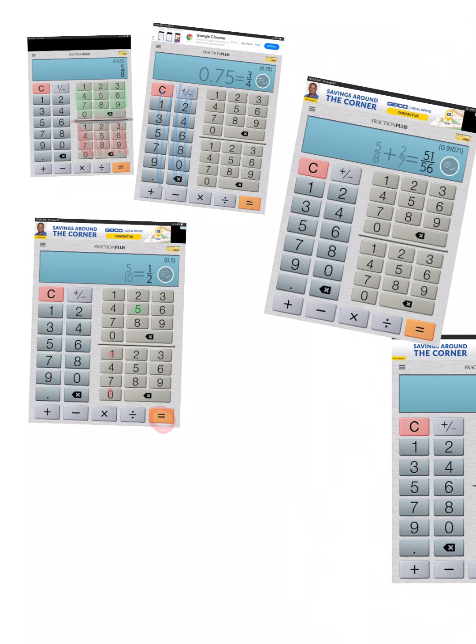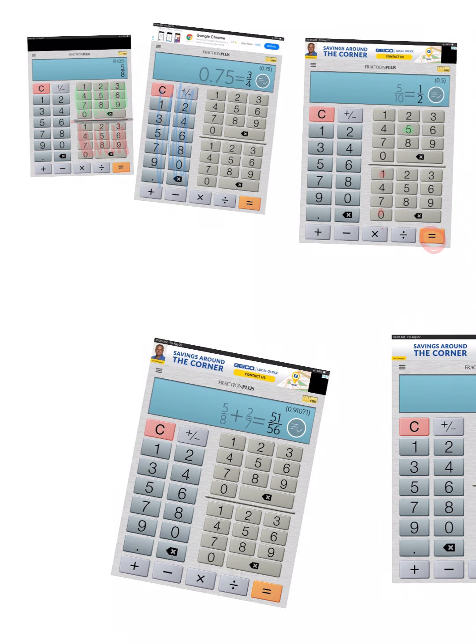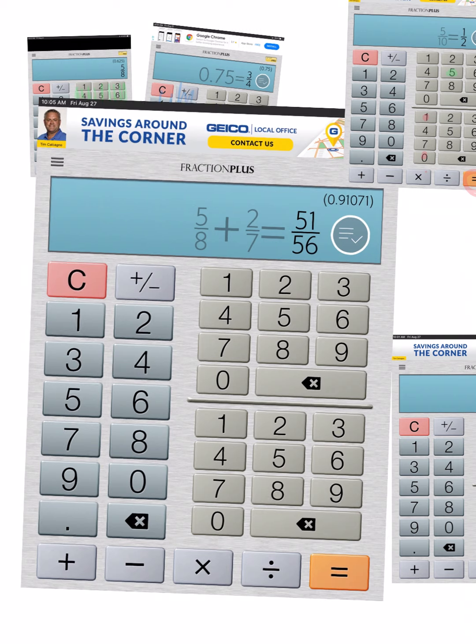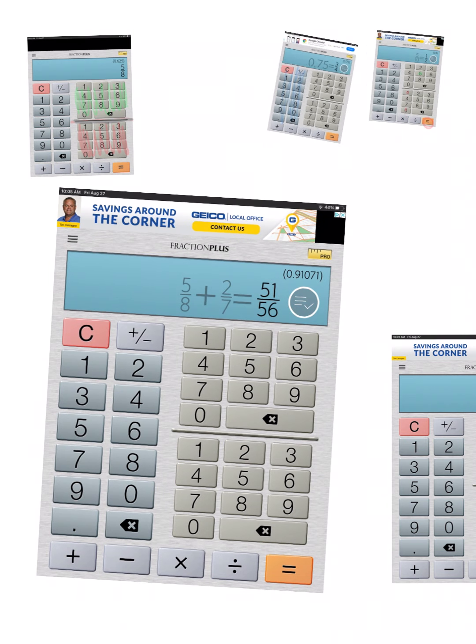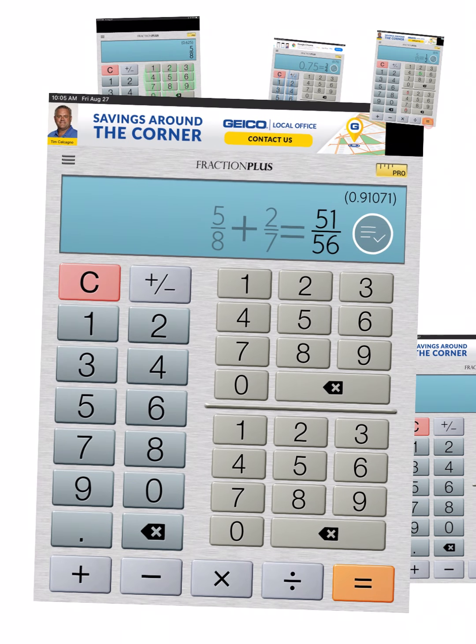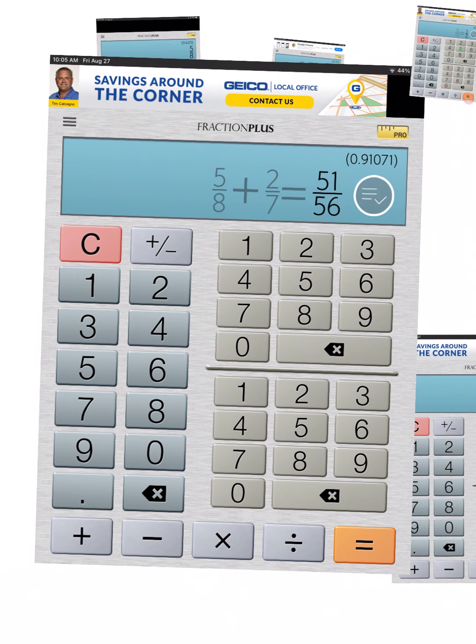What else? Okay, now let's say I want to add fractions. Very simple. All you have to do is type in the fraction. So for example, I have this one. I would have hit 5/8 plus 2/7 equal sign, and that equals 51/56.